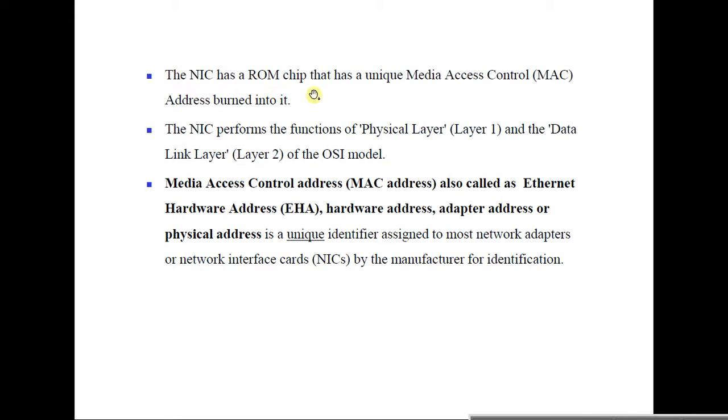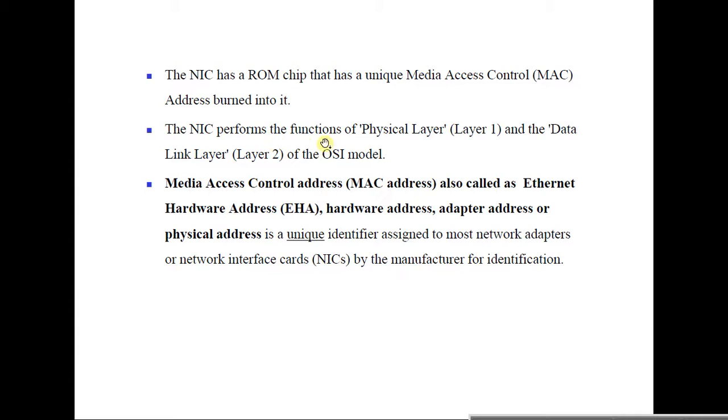NIC has a ROM chip that has a unique media access control address burned into it. Whenever the manufacturer designs a NIC card, at that time it gives the unique address that is called the MAC address. It is also called the physical layer address, or the Ethernet hardware address.